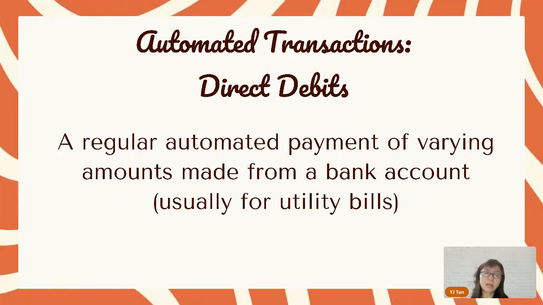All right. Another one is direct debits: a regular automated payment of varying amount made from the company bank account, usually for utility bills. From a personal point of view, an example that may make more sense is your credit card outstanding, which you would like to automate so that you won't miss the deadline, and the value will vary because each month your outstanding will be different.